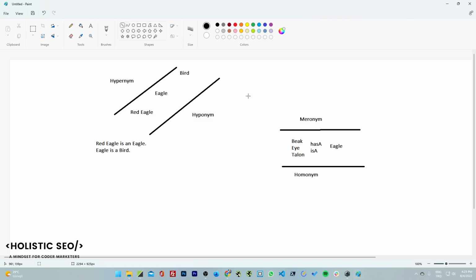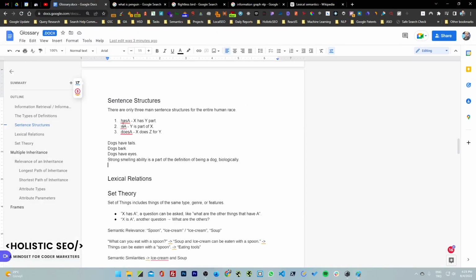The thing is, any word that you can find in a dictionary will always have these relations, and all these relations can be used by search engines to understand all of these things. And when we look at set theory, now we can come there. Whenever you use the relation of these three, you are creating a set.